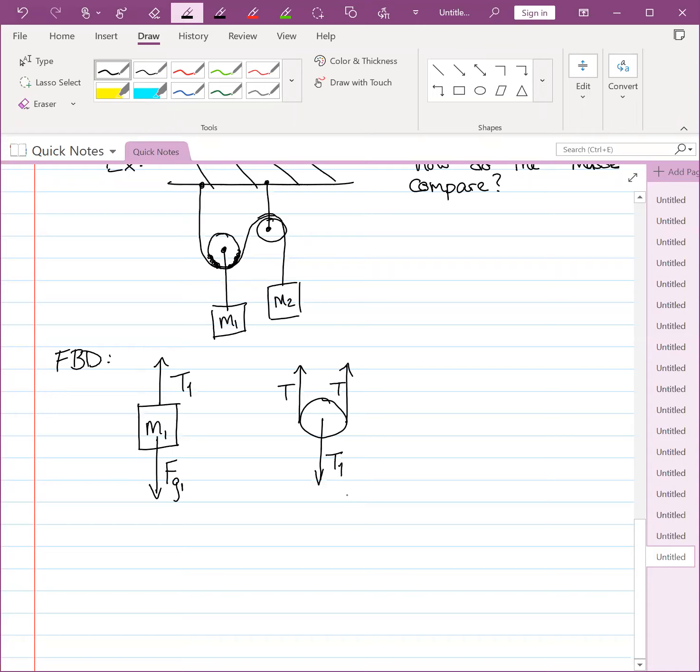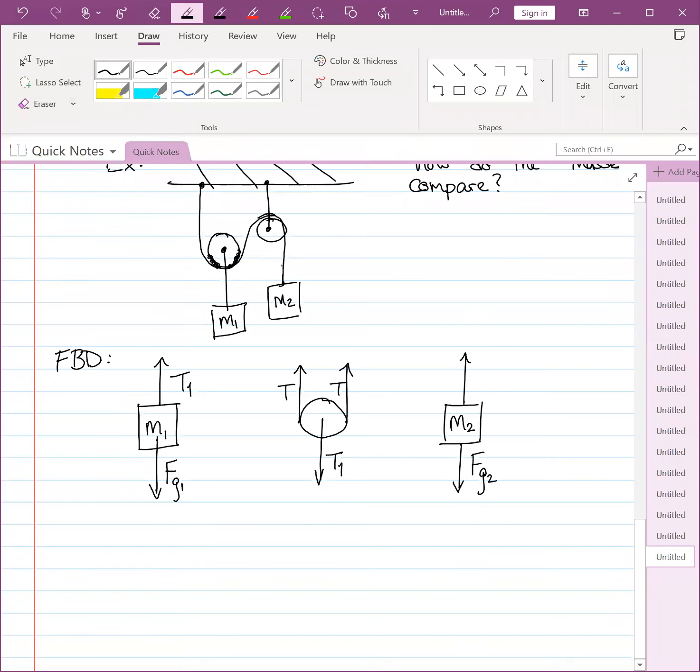Now we have one more diagram to do, and that's for the second block with mass M2. There's going to be a gravitational force downwards, and there would also be a tension force upwards, pulling it up, right? Because it's attached to a rope up top, exerting a force, keeping it up. Now, what is the magnitude of that tension force?